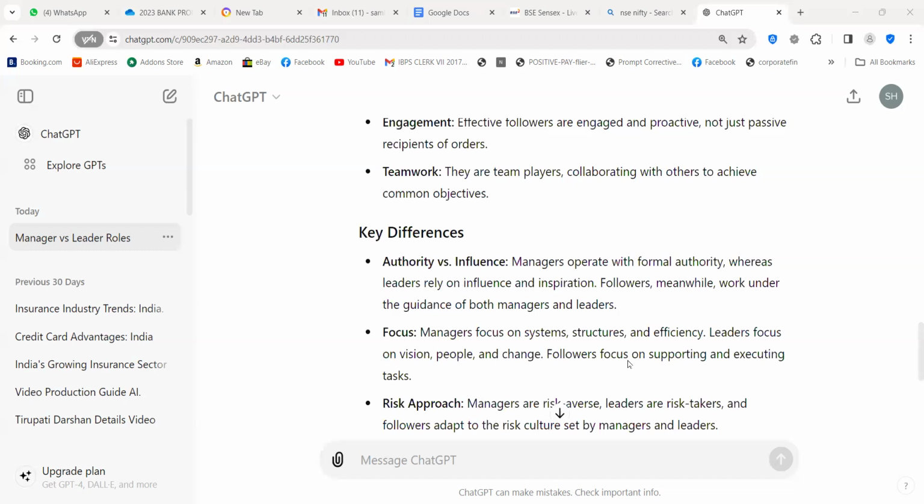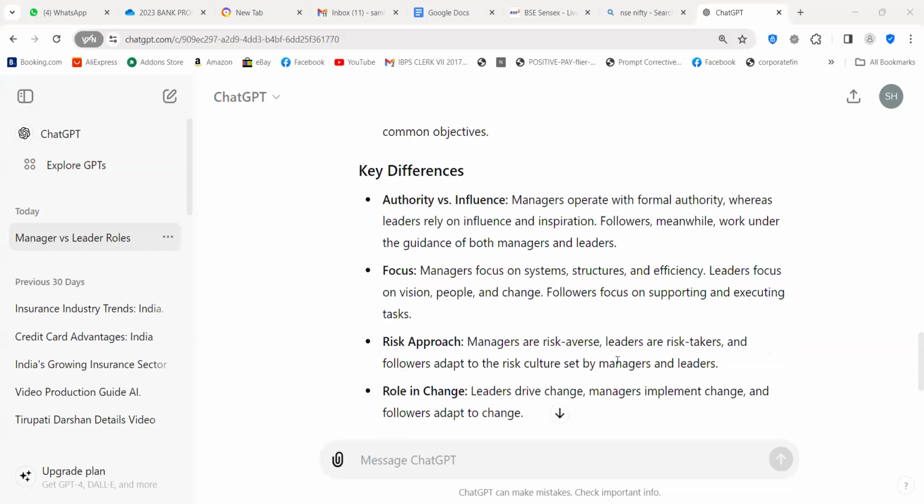Teamwork: they are team players collaborating with others to achieve common objectives. Key differences. Authority versus influence: managers operate with formal authority, whereas leaders rely on influence and inspiration. Followers, meanwhile, work under the guidance of both managers and leaders. Focus: managers focus on systems, structures, and efficiency.